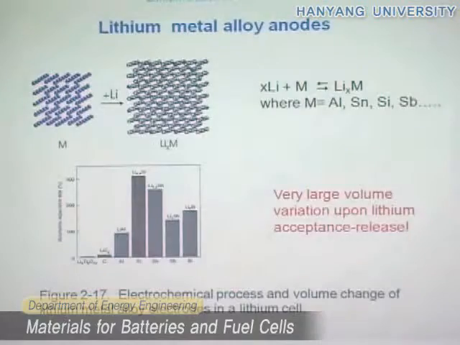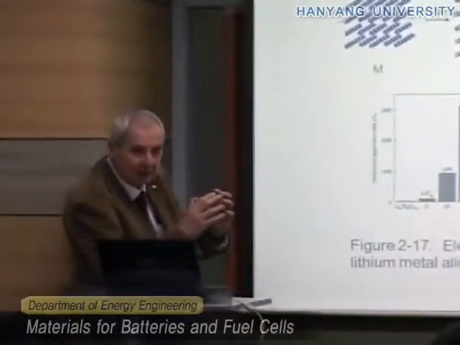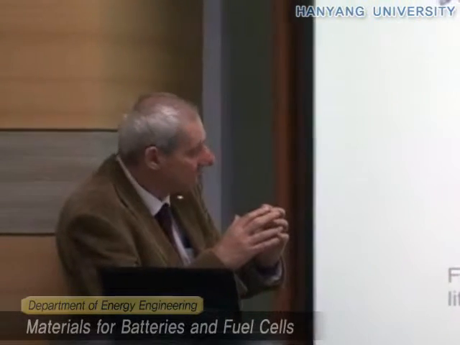Because if I have this silicon electrode, tin electrode, and I expand it so much with lithium, and then it shrinks when I remove lithium, and we do that upon cycling, this big volume expansion creates tension in the material, and the material breaks, and we cannot cycle for a long time.